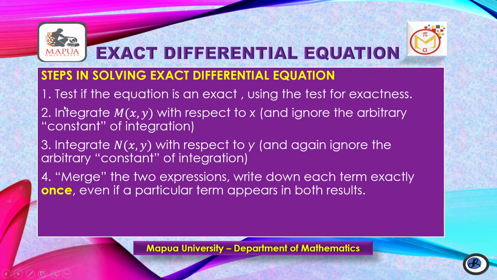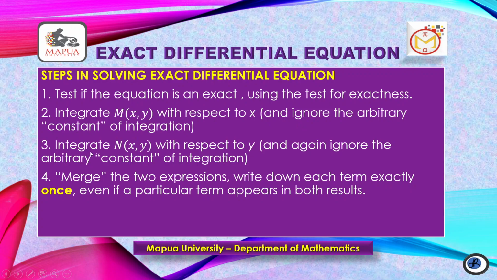Then we have the steps. First, test if the equation is exact using the test for exactness. Then integrate the coefficient M of dx with respect to x, and because we are considering partial differentiation, we ignore the arbitrary constant.